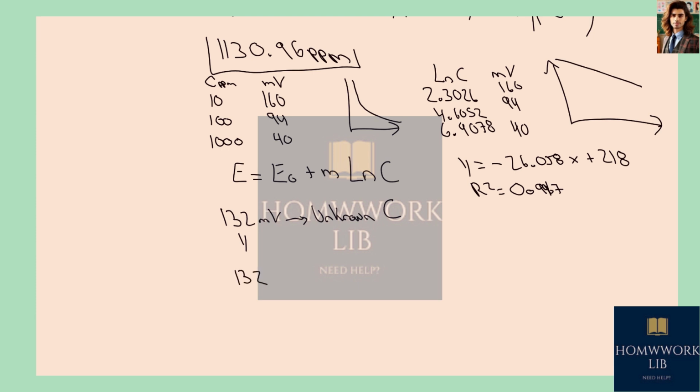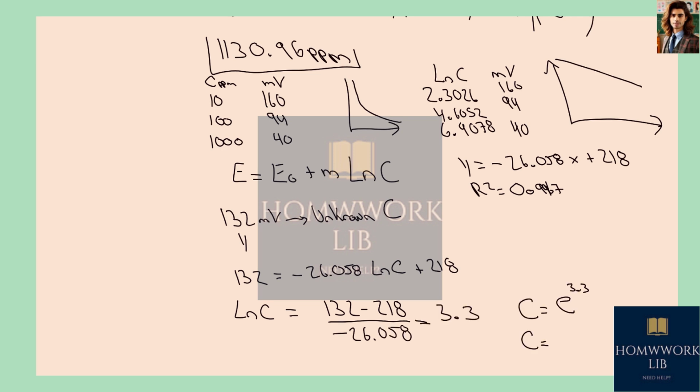So 132 is equal to minus 26.058 times x, where x is the logarithm of the concentration, plus 218. So the logarithm of the concentration will be equal to 132 minus 218 divided by minus 26.058, which gives us 3.3.